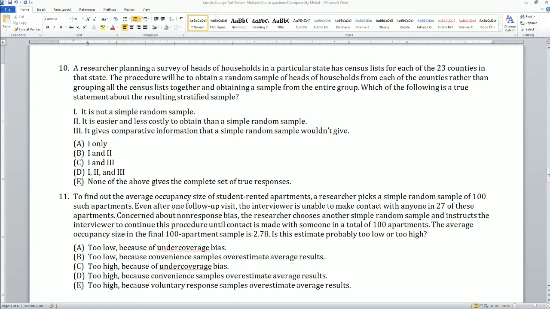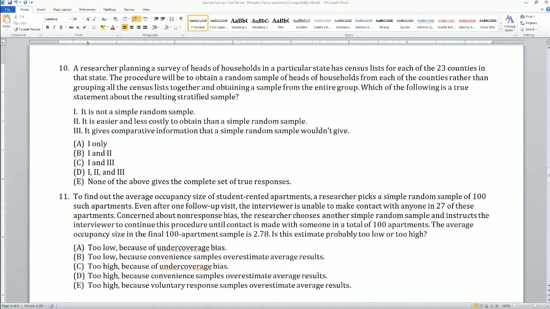Because if it was a simple random sample... No, remember you said 1 was correct. You said 1 is correct, so it is not a simple random sample. Since I said it's not a simple random sample, then it shouldn't be a simple random sample. If that makes sense.